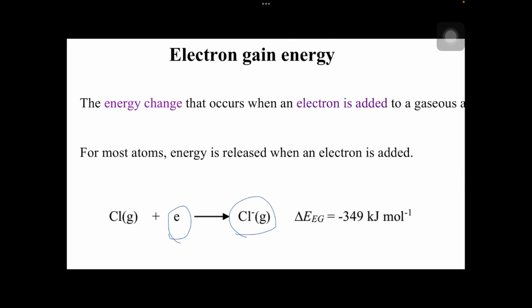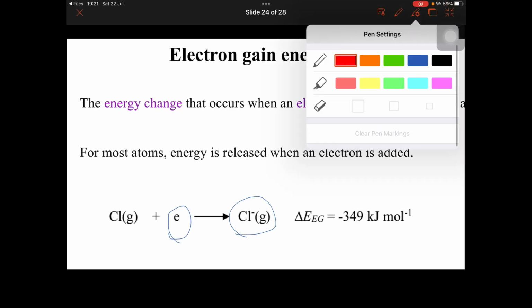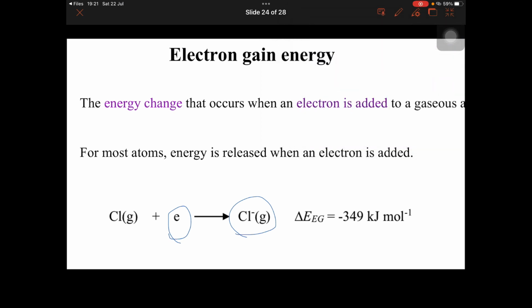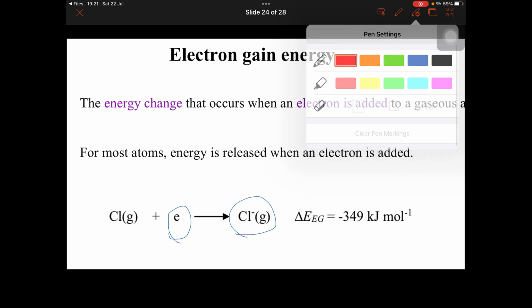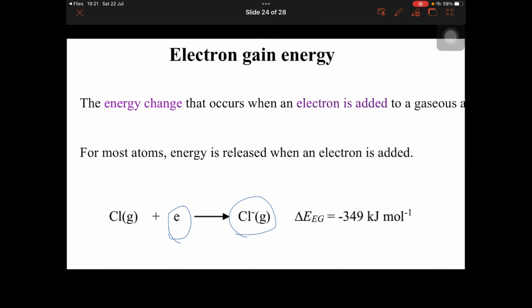So I will explain this once more. Now, electron gain energy. When an electron is taken up, energy is given out. This is like bond formation also, where energy is given out.